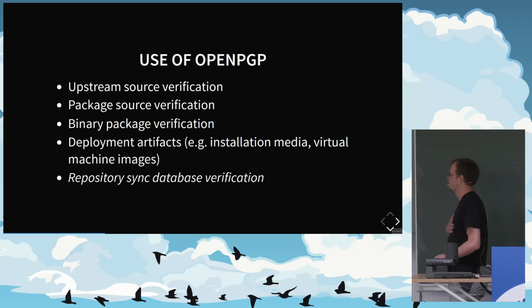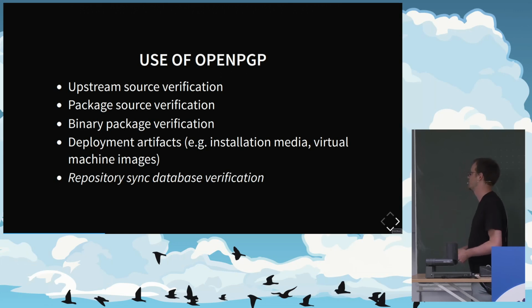So our use of OpenPGP is quite diverse, I would say. We have upstream source verification that we do with it. We have package source verification, and we have signed tags in package source repositories on our GitLab. They're also checked before anything happens.